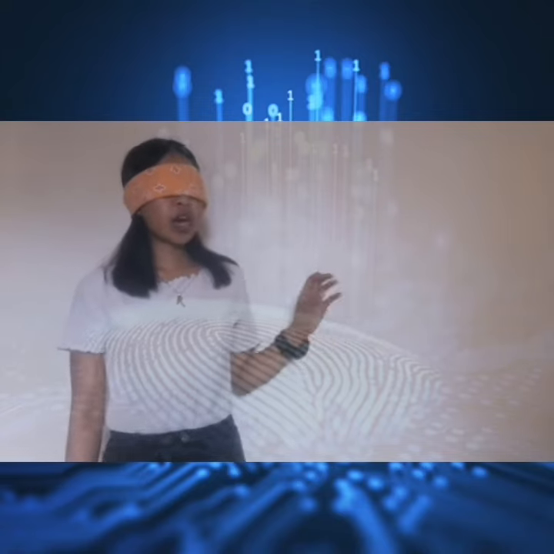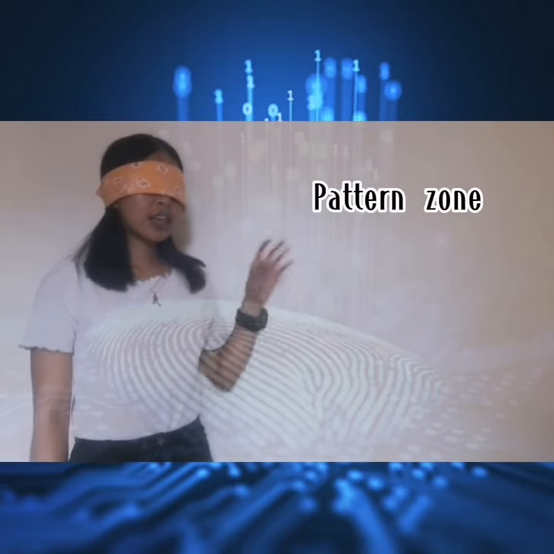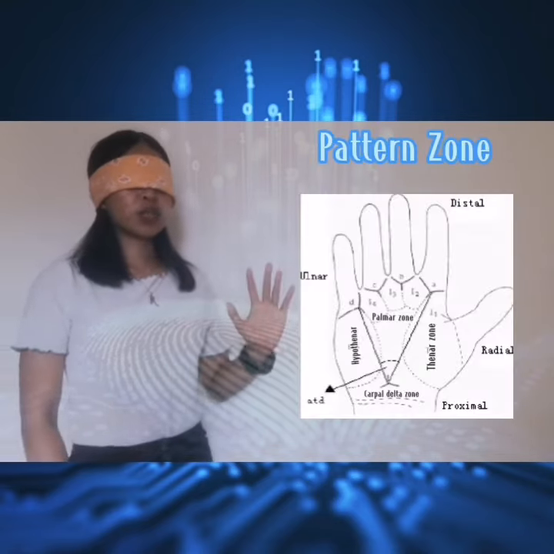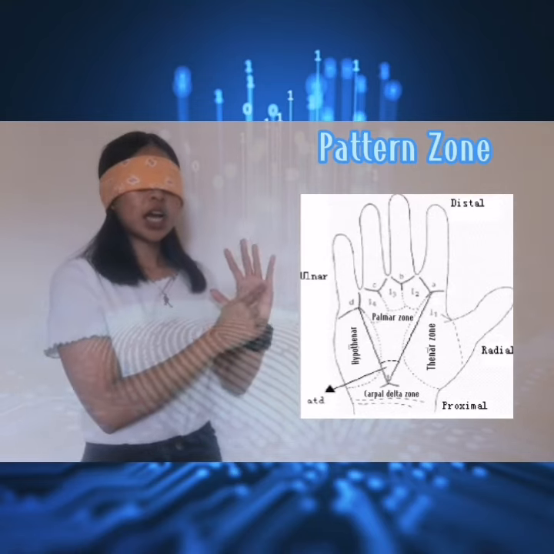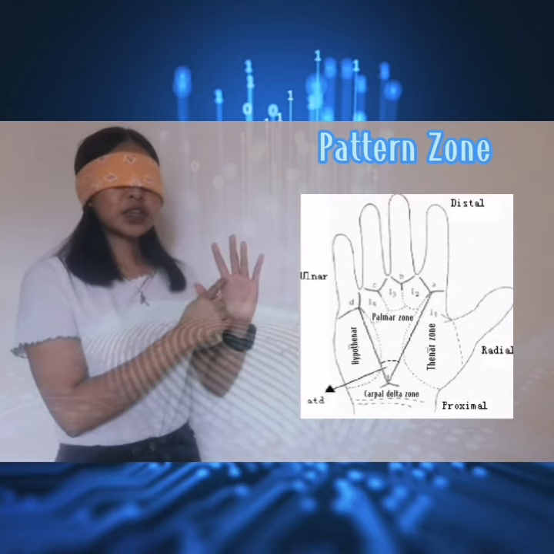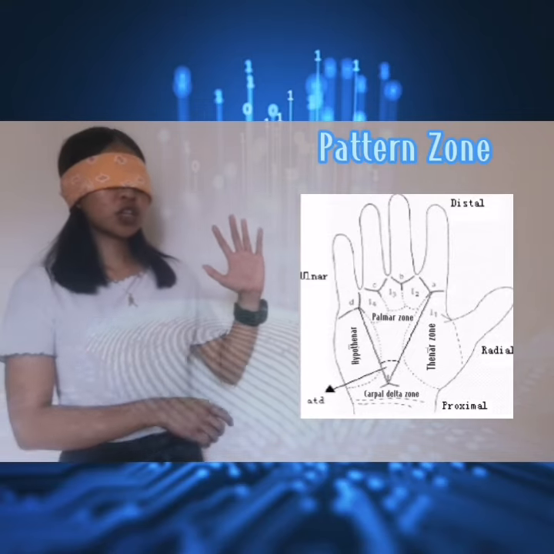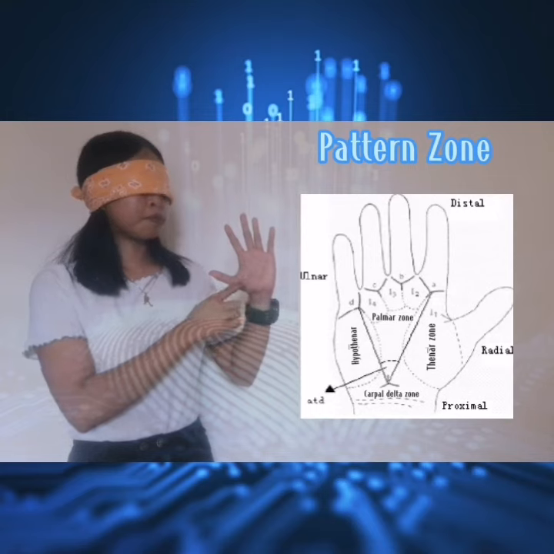In palm prints, we have pattern zones and levels of the palm in terms of chiroscopy. The pattern zones are the palmar zone, which is the base of our fingers. The thenar zone is the large cushion at the base of our thumb.